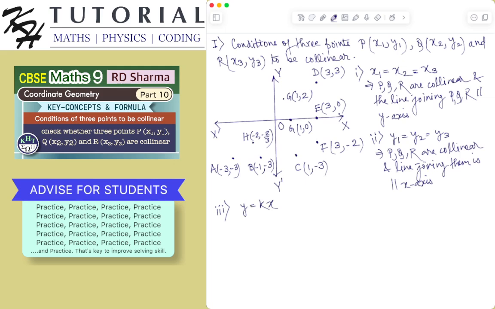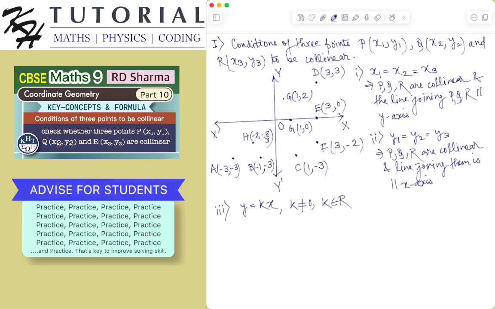Now, any point lying on the graph of this line, that is y equals kx, where k is not equal to 0 and k is a real constant, will satisfy it.